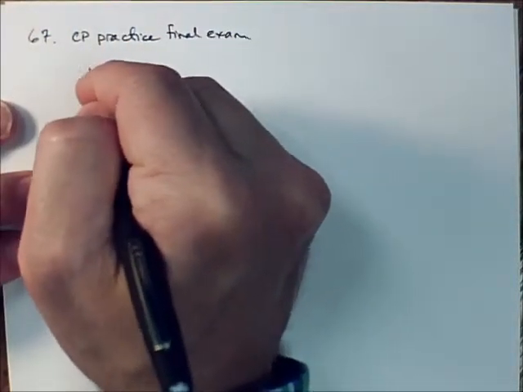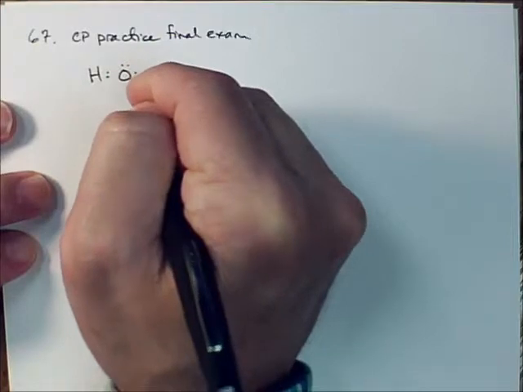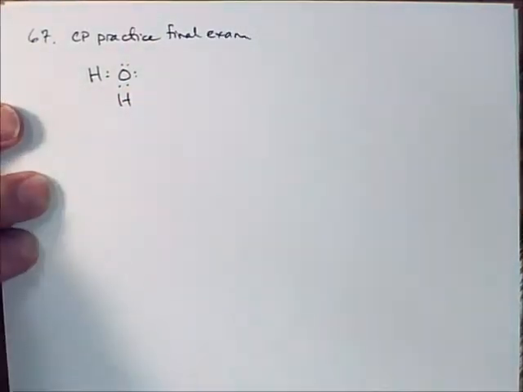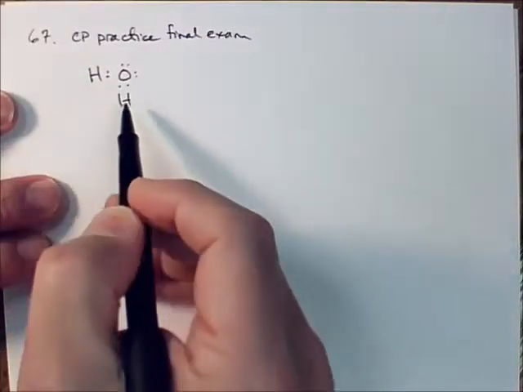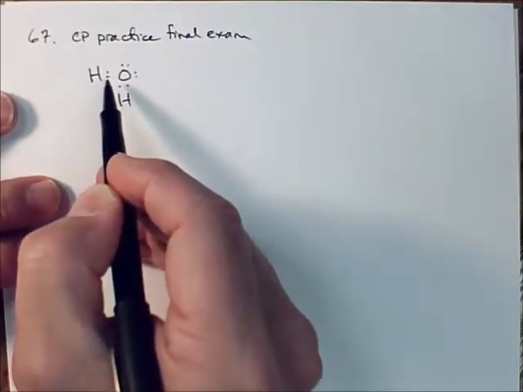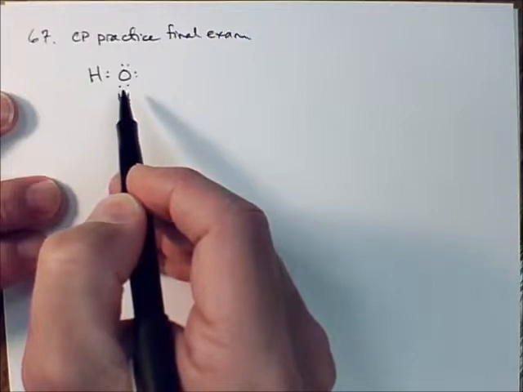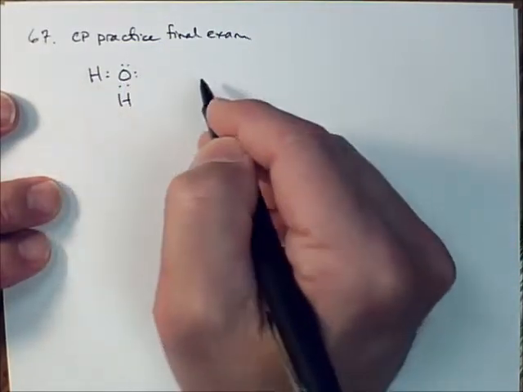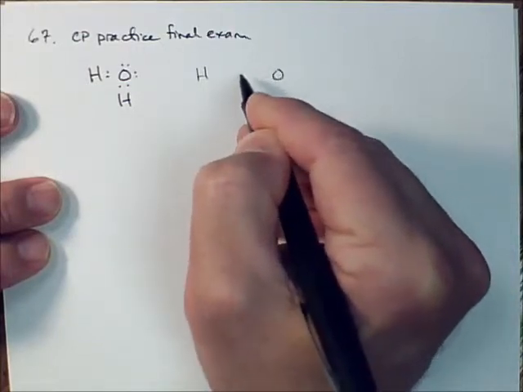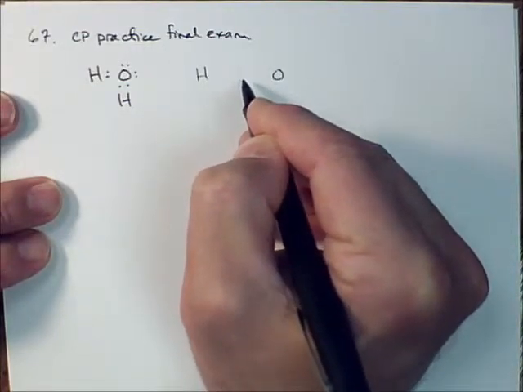If I have a molecule in which electrons are shared, and Lewis dot formulas show that I'm sharing electrons here and here, in this bond just between this hydrogen and this oxygen, there's electrons in here.